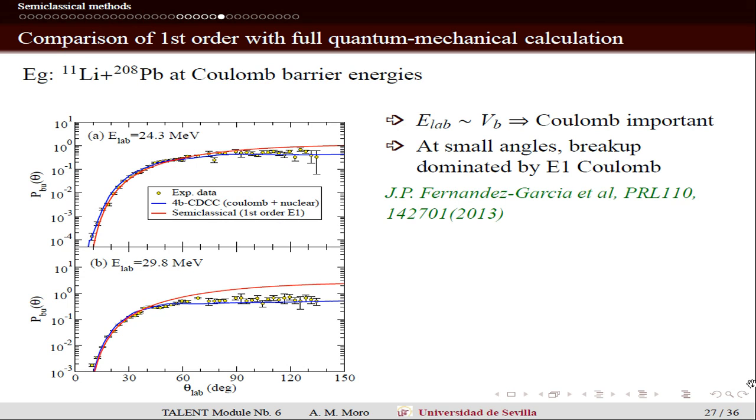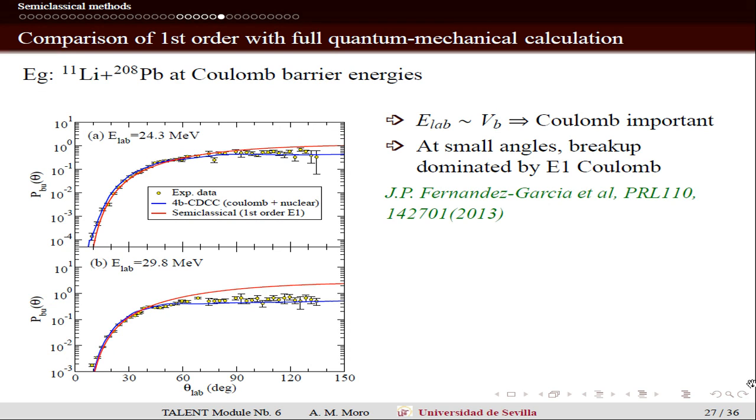The blue one, well, you have the experimental data, and the blue one is a full coupled channels calculation. This is for lithium-11 that is treated as a 3-body system, so this is a 4-body reaction calculation. So it's a very complicated problem, particularly from the quantum mechanical point of view. You want to make a few-body description of the projectile. So this is the blue line.